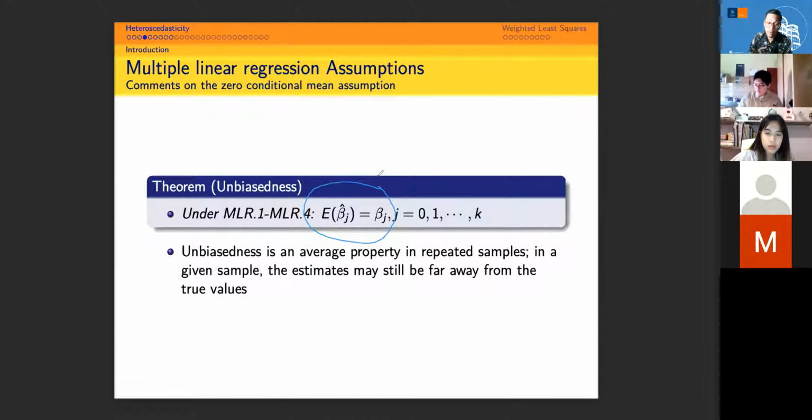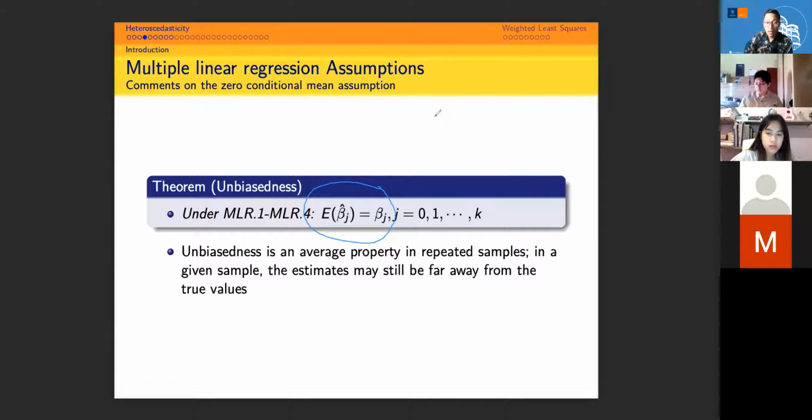However, in practice, we can only draw one random sample, and given that random sample, we estimate the model. So the zero conditional mean assumption is going to be key here, whether the variable of interest is endogenous or exogenous. That determines whether or not our estimate is unbiased.